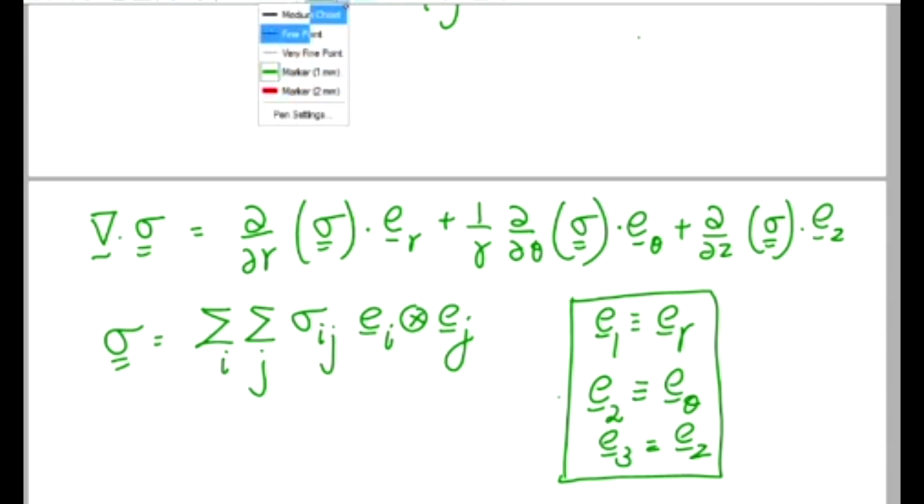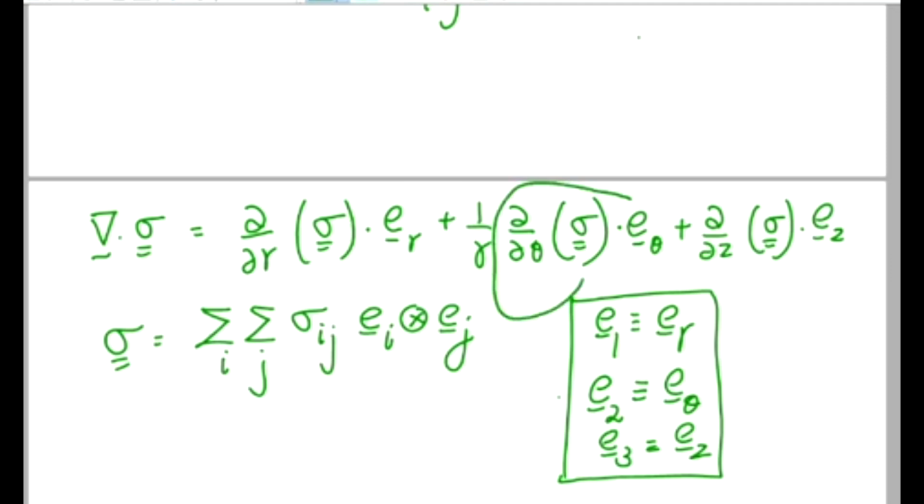So that means when you work out this derivative, del by del theta of sigma, then you have to make sure that you also take the derivative of Er and E theta with respect to theta.